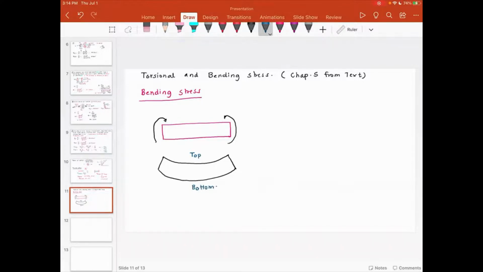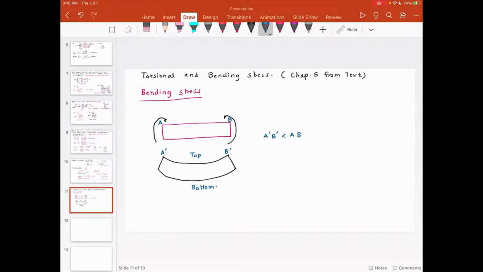So if you look at the top, the fibers on the top are compressed. What this means is, think about A, B, and A dash, B dash. The length A dash, B dash is less than length AB.